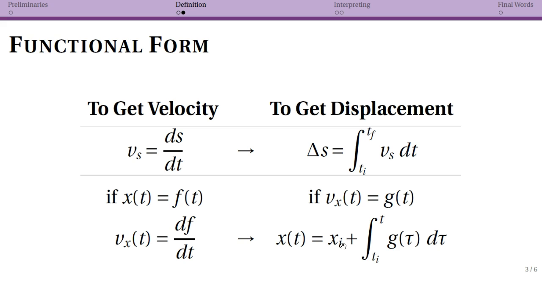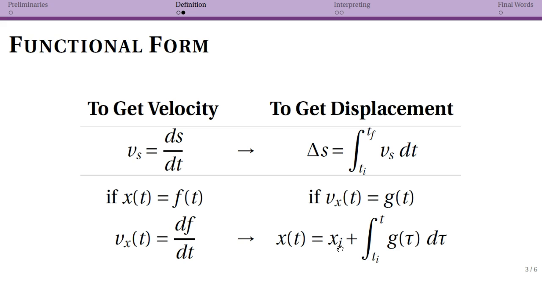Anytime you have a plot of velocity, or it's been described to you what velocity is doing as a function of time, that doesn't tell you anything about your initial position. Normally we're going to define our initial position to be 0. That's just very convenient, like talking about the starting line of a race, which is typically going to be 0.